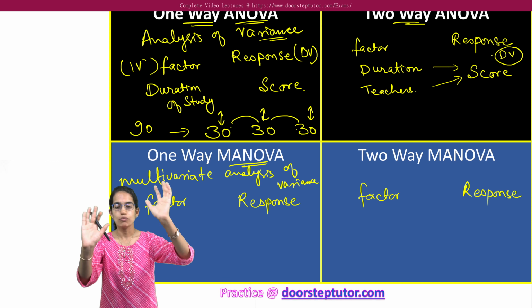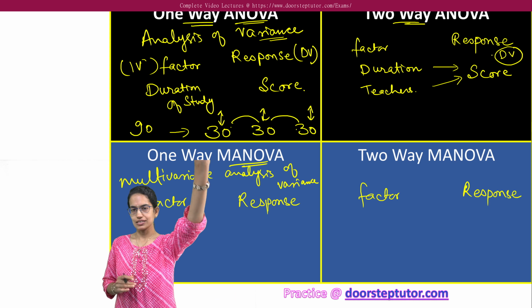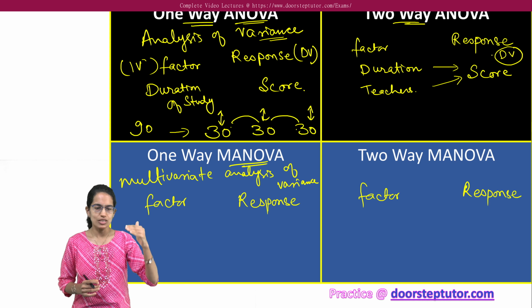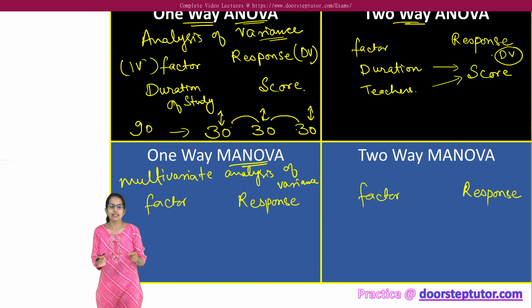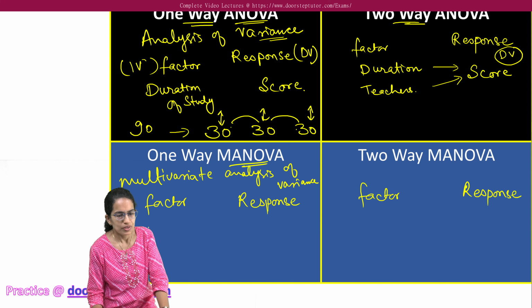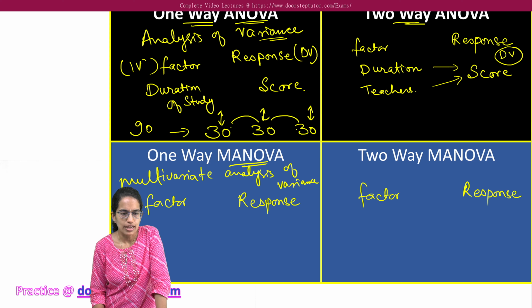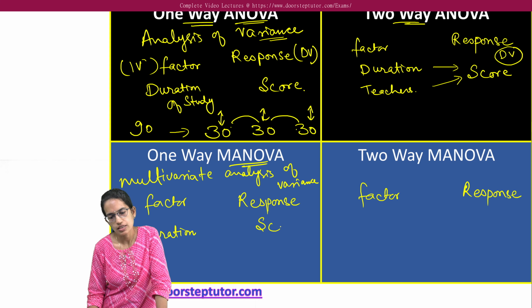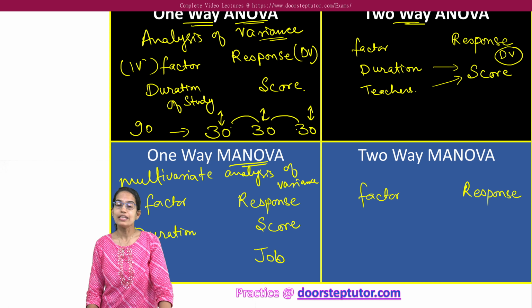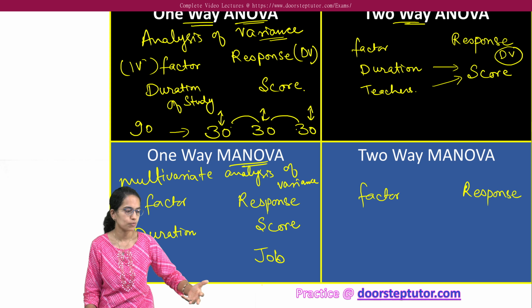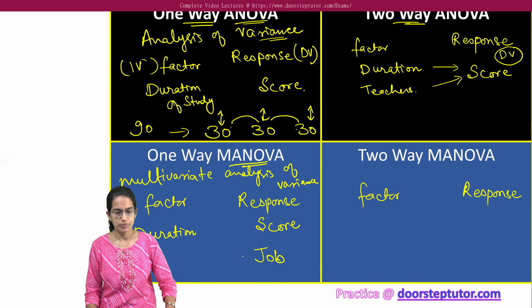Coming to MANOVA, our focus in this class is to understand covariance. So this is just a beginning. We'll dive into covariance from here. So what is the factor? I have one factor, which is again the duration of study. But based on that, I am not just looking at the score of a child, but also at how well placed the child could be, so what kind of job a child can get.